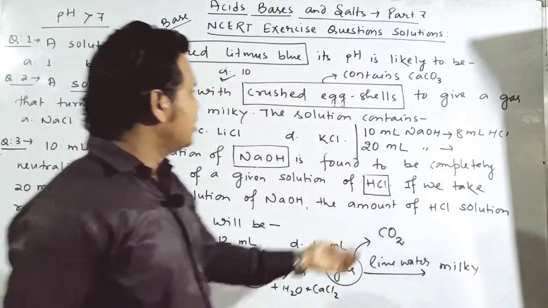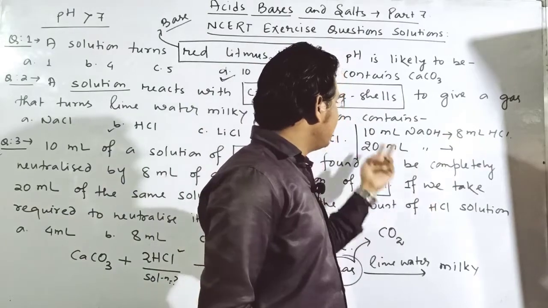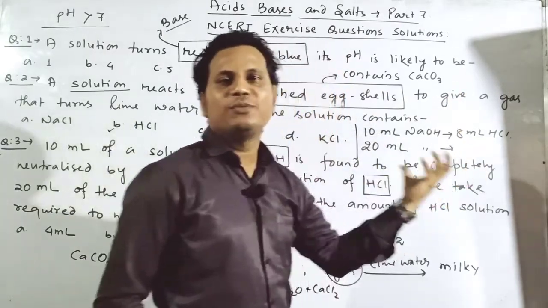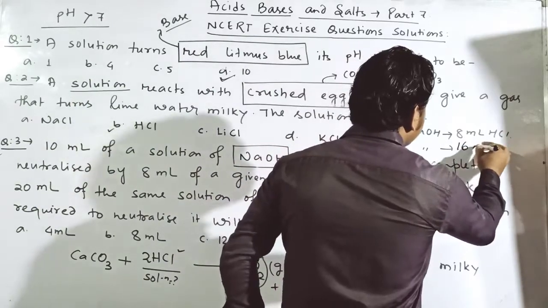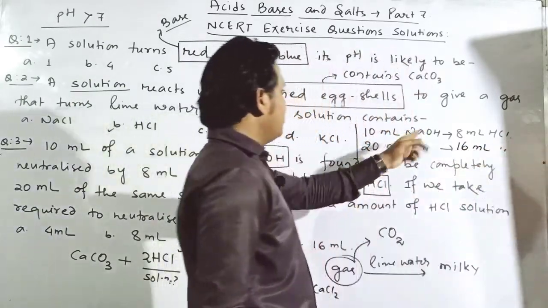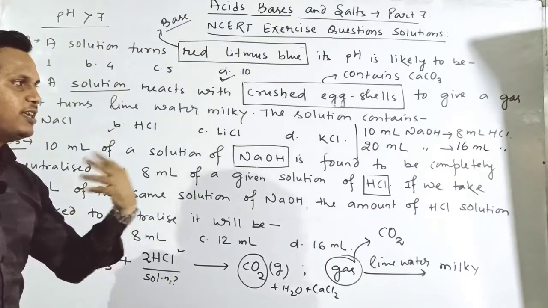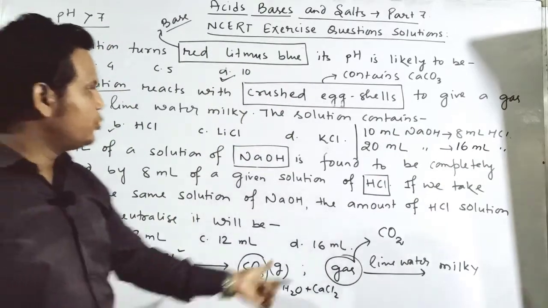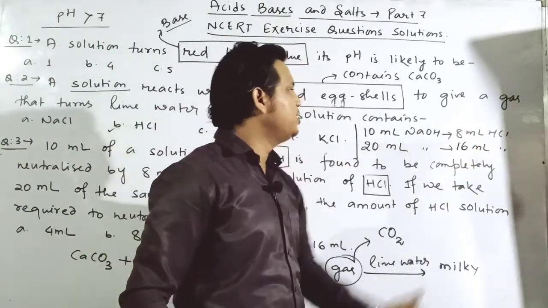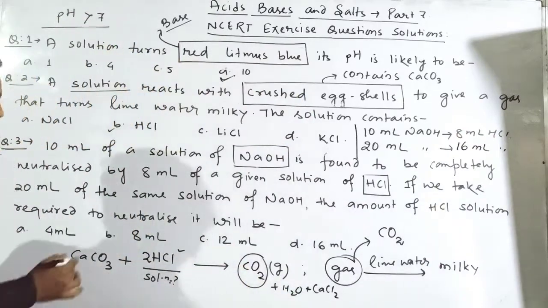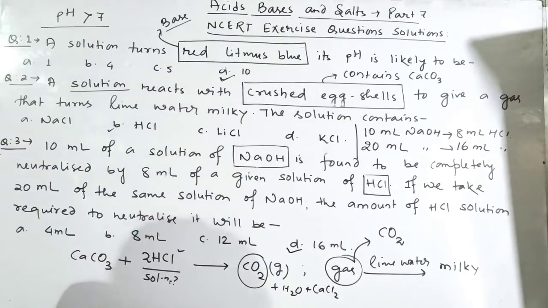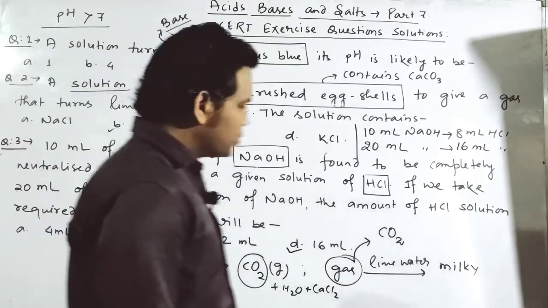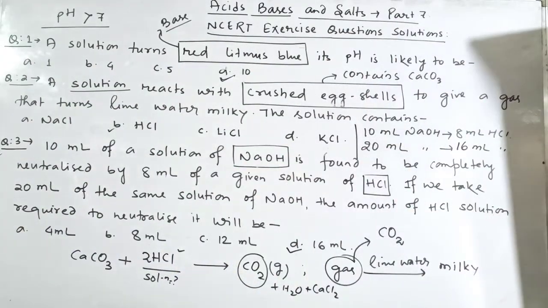You see, 10 is neutralized by 8, so 20 will be neutralized by 16, just double. If 10 ml of NaOH neutralizes 8 ml of HCl, then 20 ml of NaOH will be neutralized by 16 ml of HCl. So our answer will be 16 ml. Next we will proceed to question number 4.